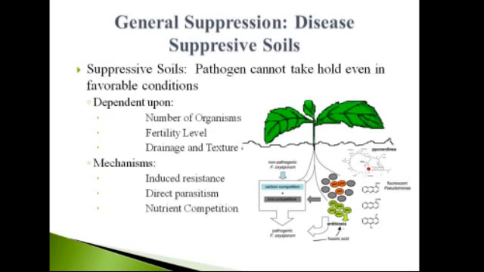Again, high biomass diversity, beneficial organisms that secrete antibiotics, which can happen naturally, parasitism, and then limited availability of nutrients being supplied to the pathogens. Having large numbers of organisms, again, is going to create that competition. It's going to limit the food supply for those pathogens.